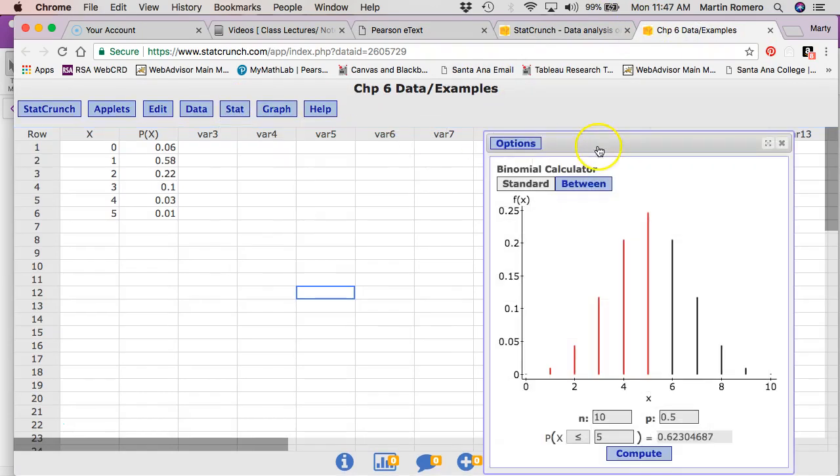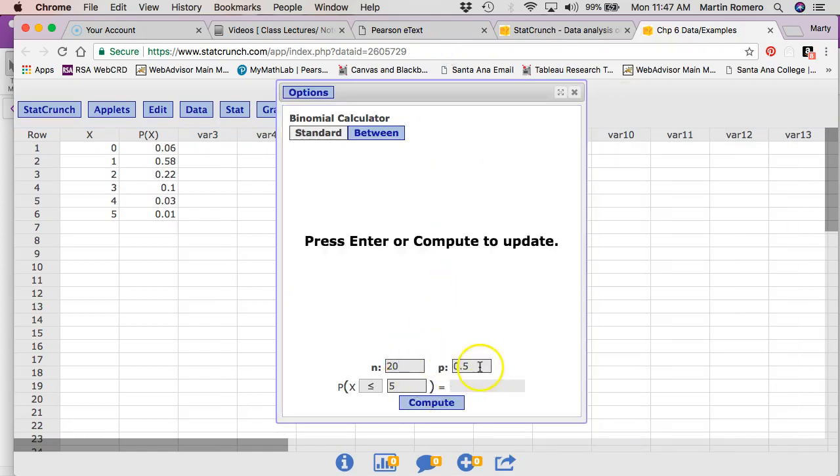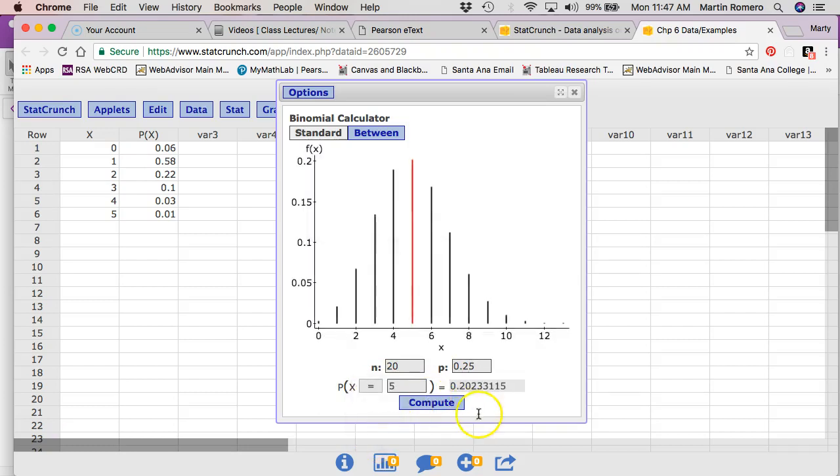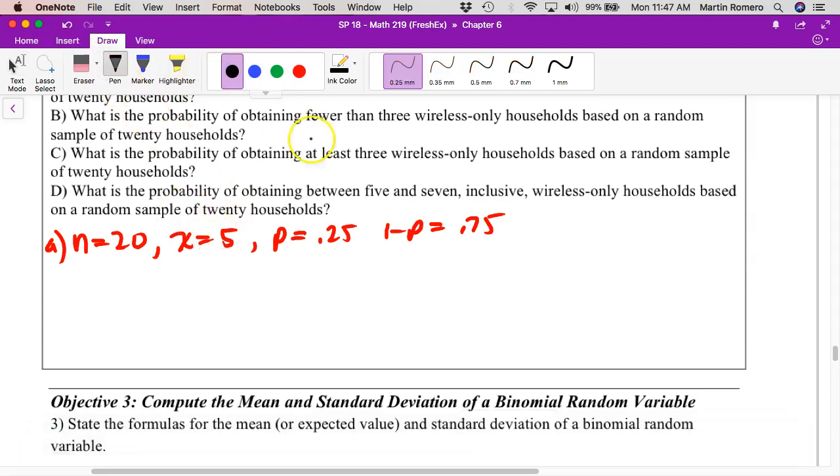N equals 20, probability of success is 0.25, and I want the probability that exactly 5 families out of 20 would be wireless. We get this probability right here, and it turns out to be 0.202, about 20%. So what we're calculating is the probability that X equals 5, that exactly 5 families are wireless, is 0.202. That's how easy it is.